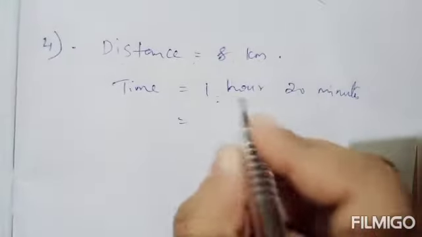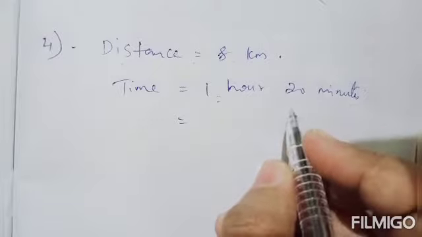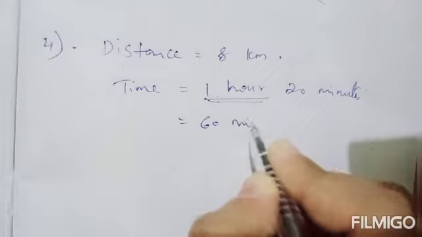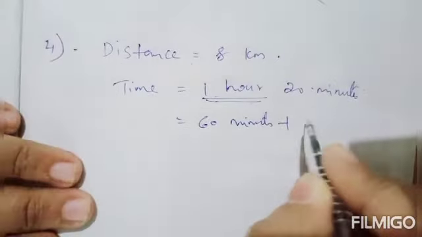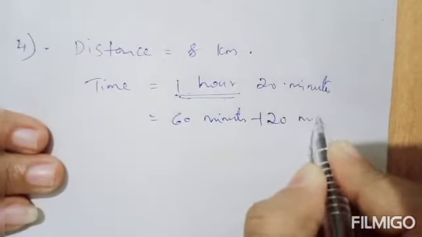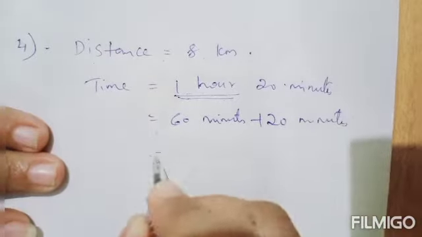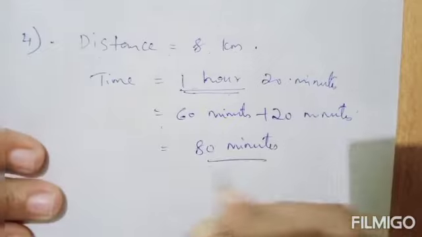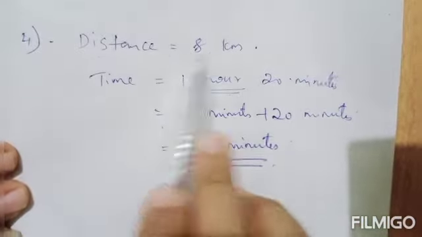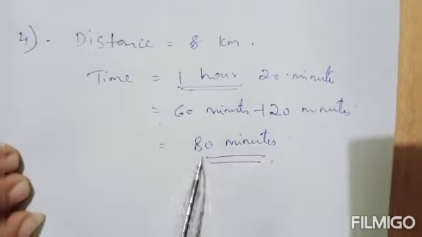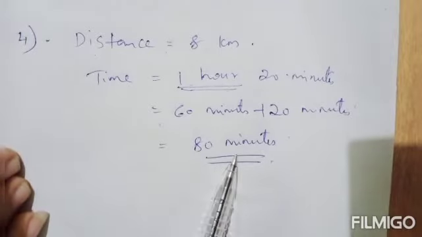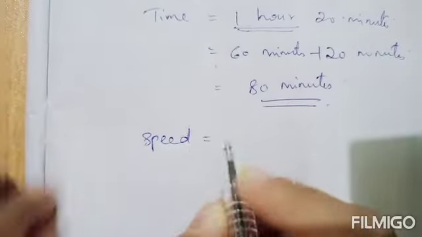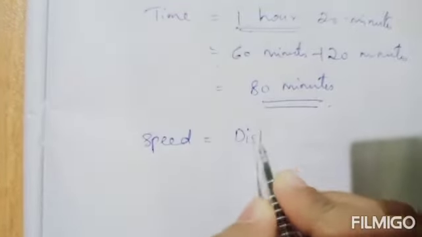Now we can convert this 1 hour 20 minutes to minutes. 1 hour, you know, is 60 minutes, plus these 20 minutes. So 60 plus 20 you will get 80 minutes. So 8 kilometer distance is covered in 80 minutes. Here, how can you find the speed? Speed equal to distance by time.